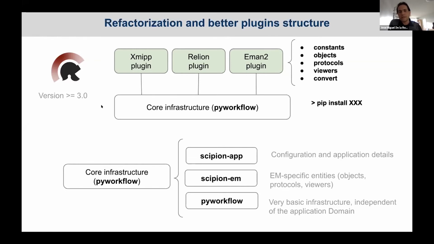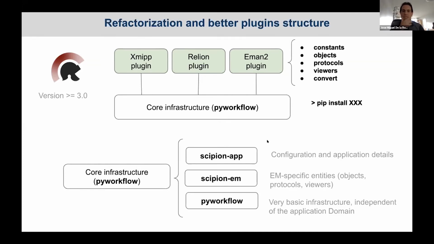It's more like infrastructure, like storing in the database, defining objects, taking care of the workflow. And then there is another part that we call Scipion-EM, where we start defining these EM-specific entities, like objects, protocols, and viewers. These two are more like Python libraries that you could use either from a graphical interface or from other software. So it's not only an application. We put the application logic in another module.